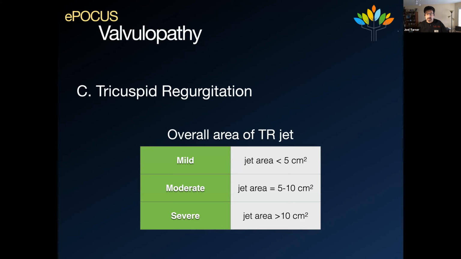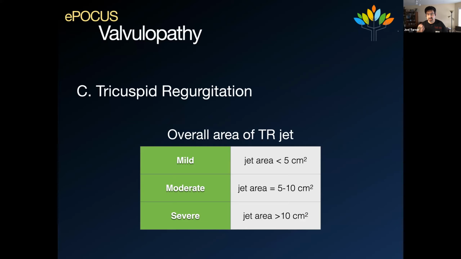Now, I just want to remind you of my talk a couple of weeks ago on pulmonary hypertension and right-sided failure, where I talked about the speed of the tricuspid regurg. This is how these two things differentiate. A severe tricuspid regurg does not necessarily mean this patient has pulmonary hypertension. And the opposite is the same thing.